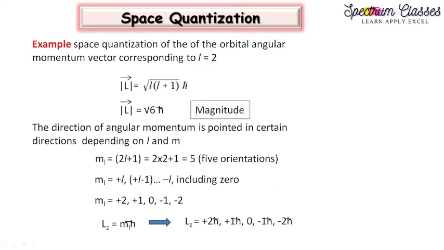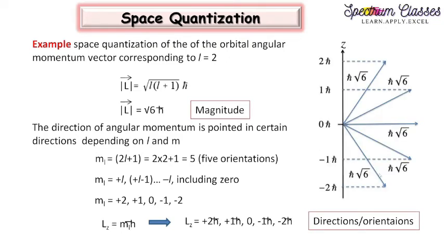And here this is the magnitude, and the magnitude will remain the same for all these components, but their direction or orientation is different. I am showing this with this figure. So here what you have seen, we are having 5 Lz for this L, so 5 component vectors are there. These are making this component.